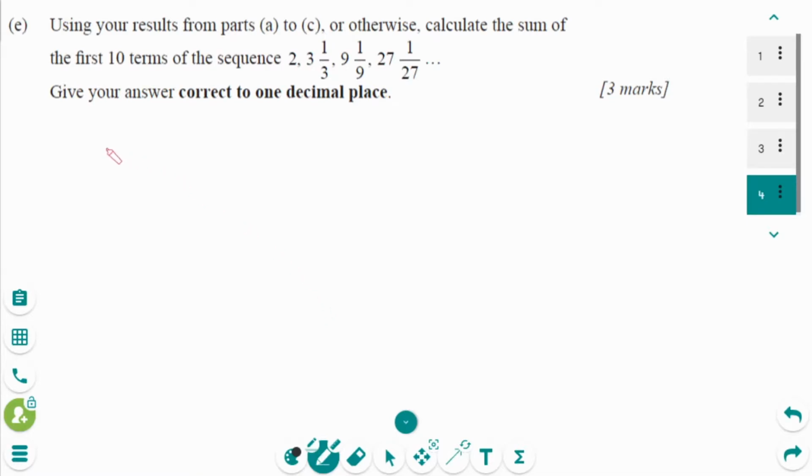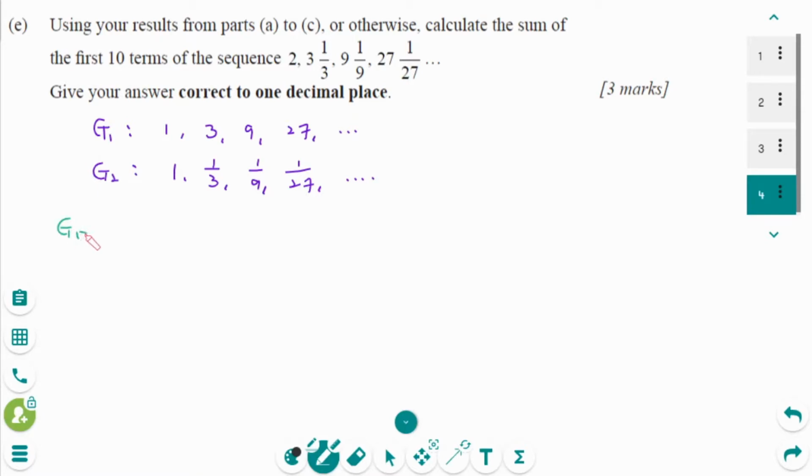Number E, the sequence G1 is 1, 3, 9, 27 like that, and sequence G2 is 1, 1 over 3, 1 over 9, 1 over 27 like that.